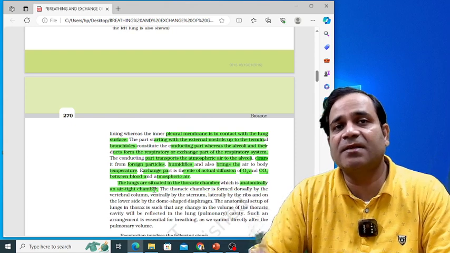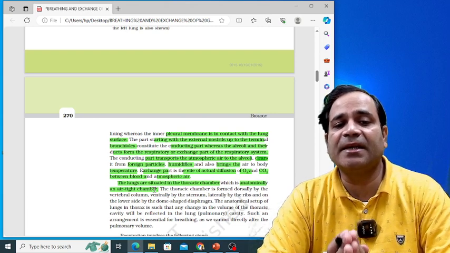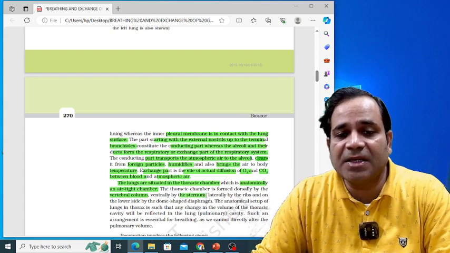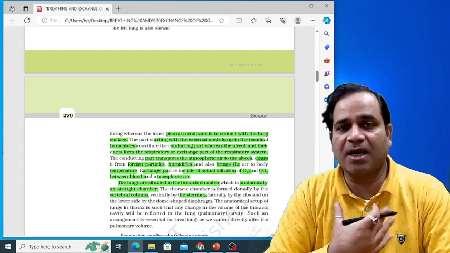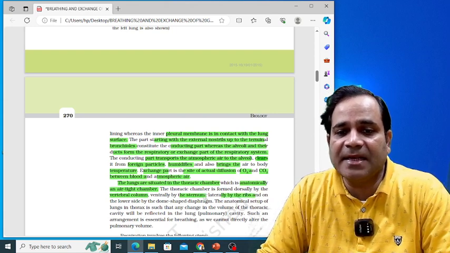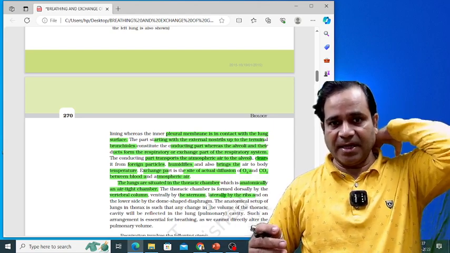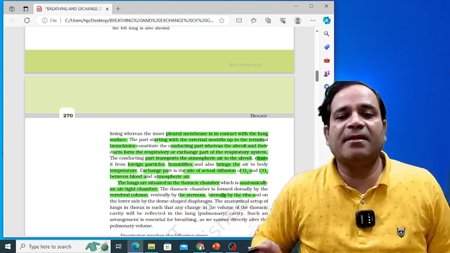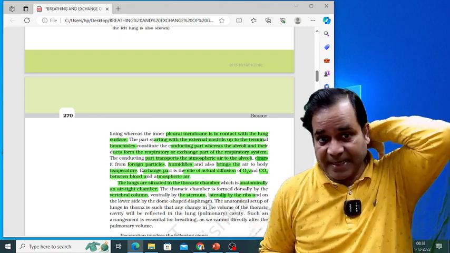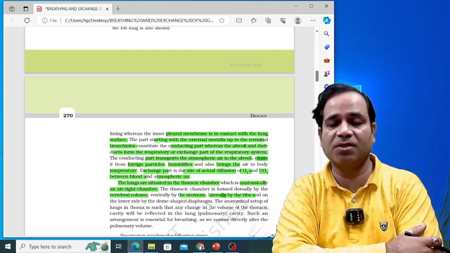The thoracic chamber is formed dorsally by the vertebral column, ventrally by the sternum, and laterally by the ribs. Dorsally means the back side, ventrally means the front side, and laterally means sideward. So this is in three ways.